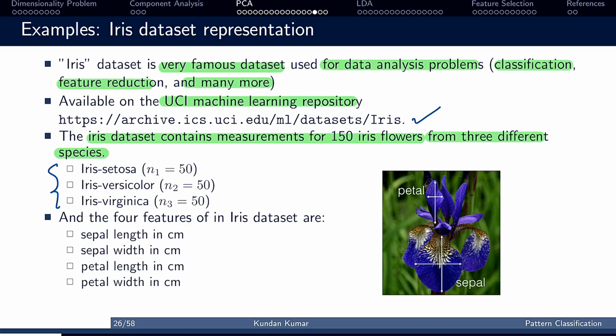From each species, that we can call a class, we have 50 samples. So, we have a total of 150 samples, 50 from each class.